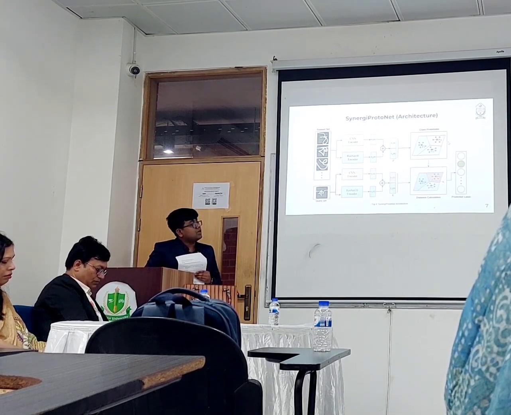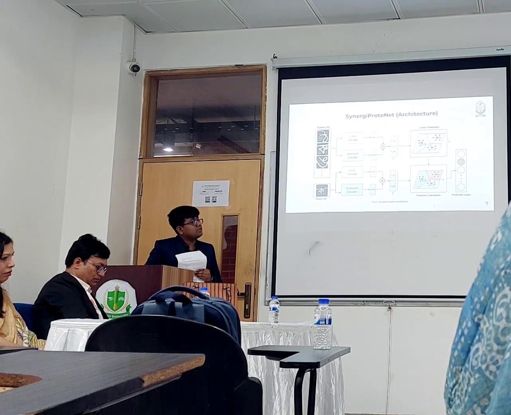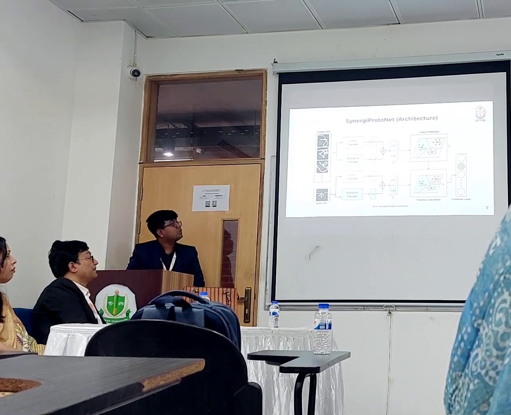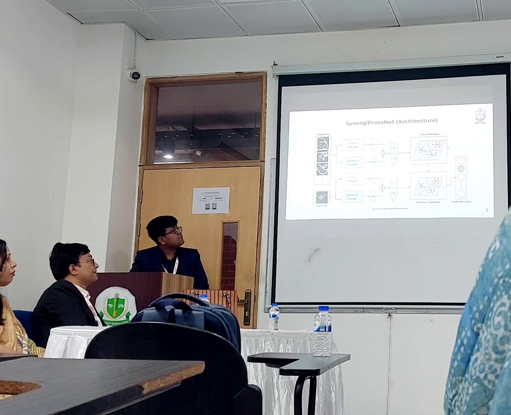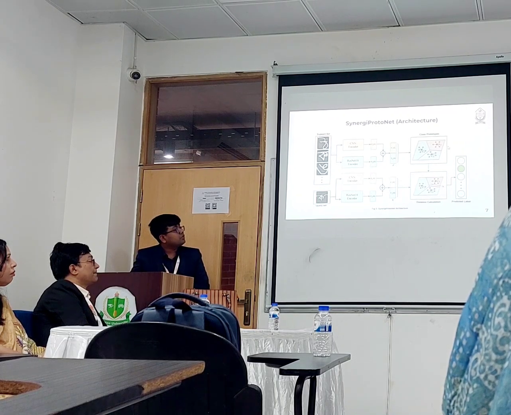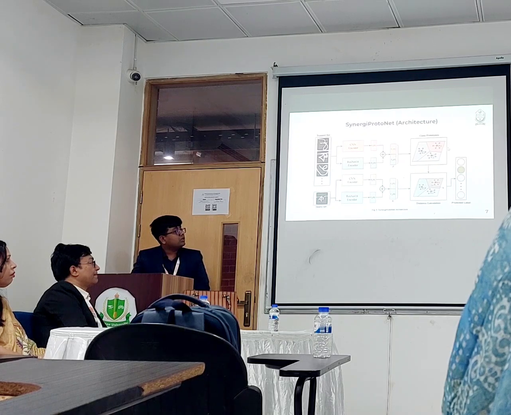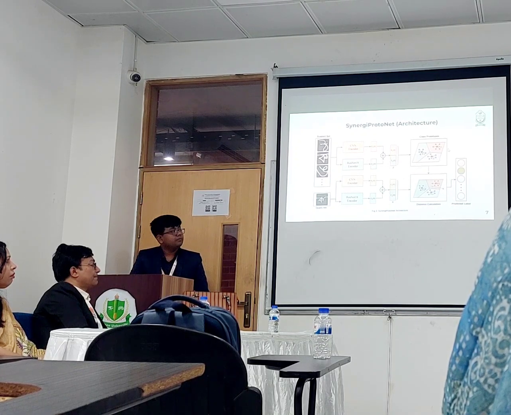Then at the last layer, we use a softmax layer for classifying. The embedding features have been extracted from both the support set and the query set. Then at the end, we calculated the distance to classify.